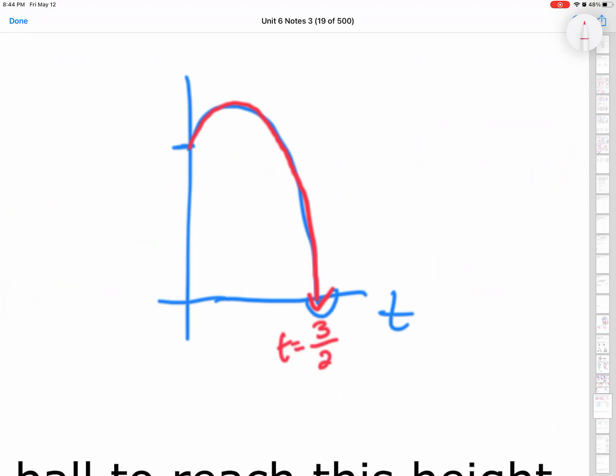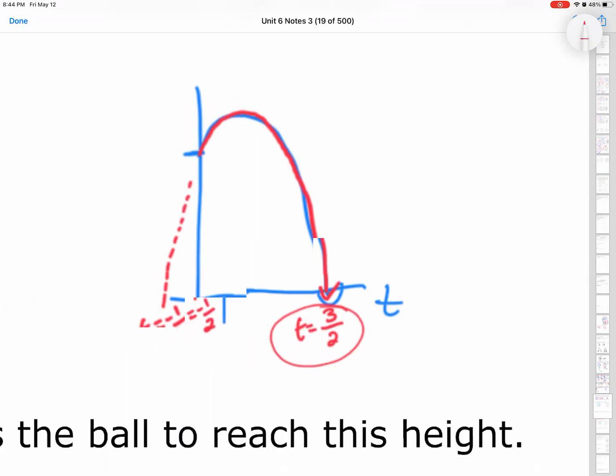The -1/2 is still an x-intercept, but that would be occurring backwards in time. And since we can't really go backwards in time, there's kind of two trains of thought based on this question. But at time 3/2 seconds is when the ball would really hit the ground.